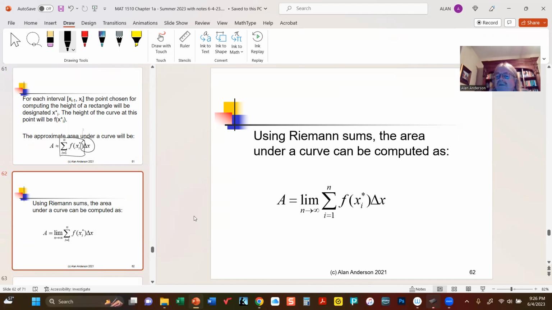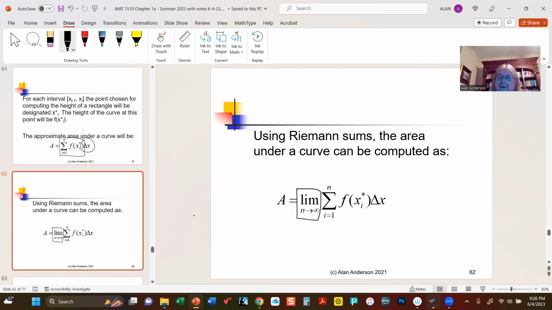Now, you'll recall from Calc 1 we learned about limits. What this means is that as the number of rectangles increases and converges to infinity, each individual rectangle is getting much smaller. The widths are getting smaller.